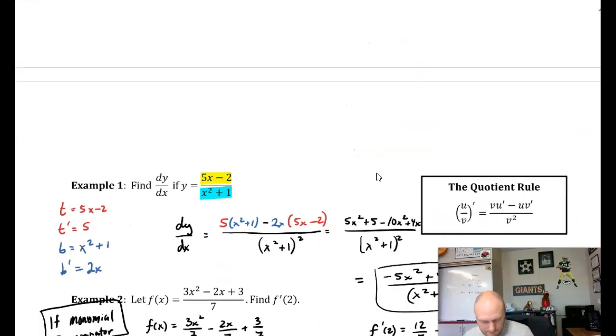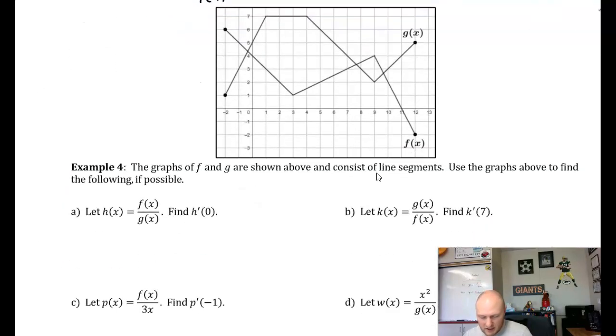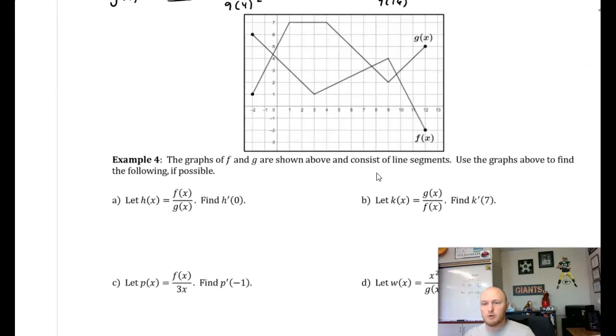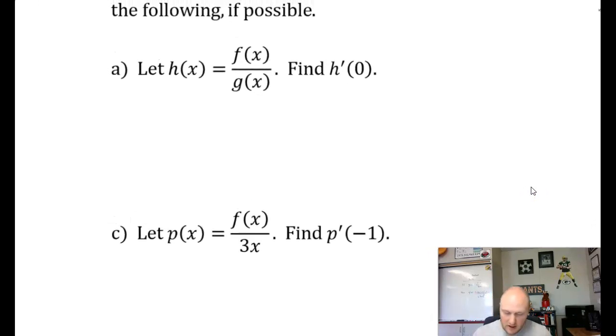So there are the analytic examples, and now we're going to look at the graphical examples, which are the same idea. It's just we're getting our information, our slopes, and our function values from a graph. They say the graphs of f and g are shown and consist of line segments. Use the graphs above to find the following. h of x is equal to f over g.